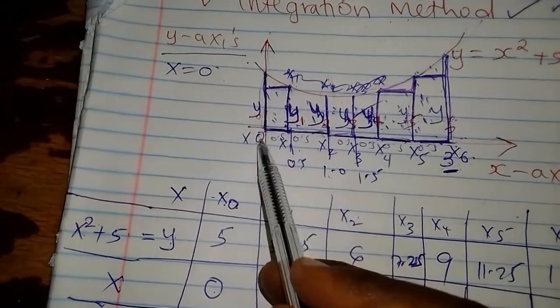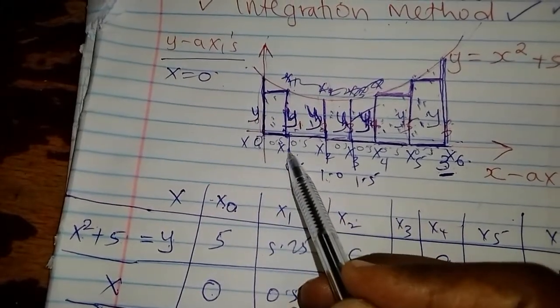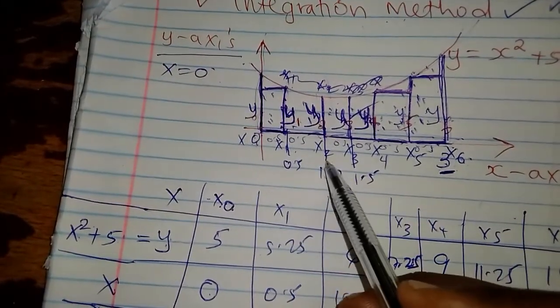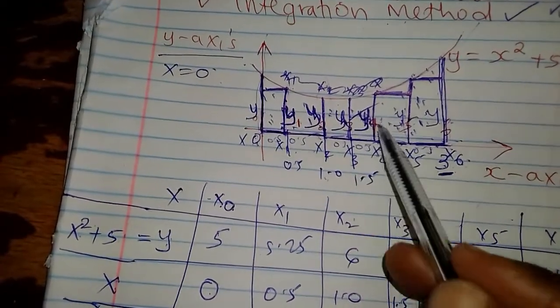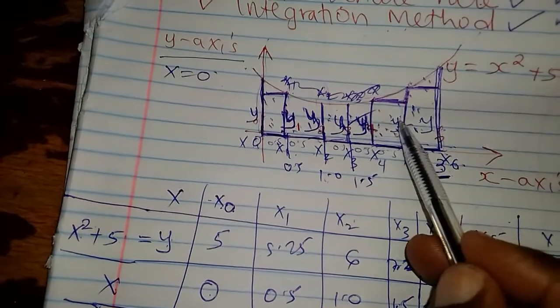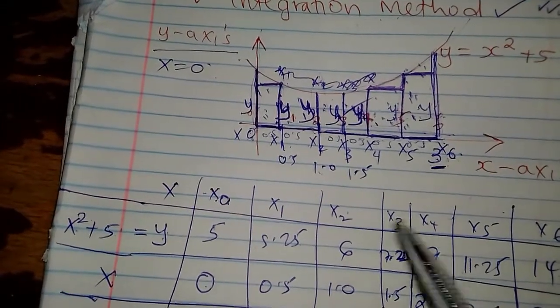So when x is 0, what is the value of y? When x is 1, what will be the value of y? x2, y2, x3, y3, x4, y4, x5, y5, x6, y6. We've gotten those.